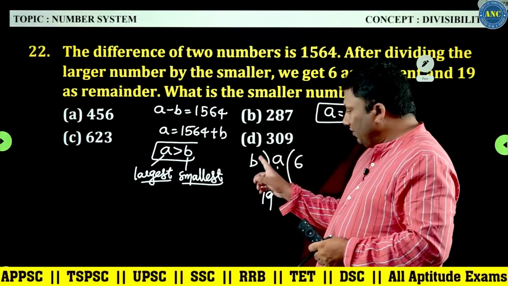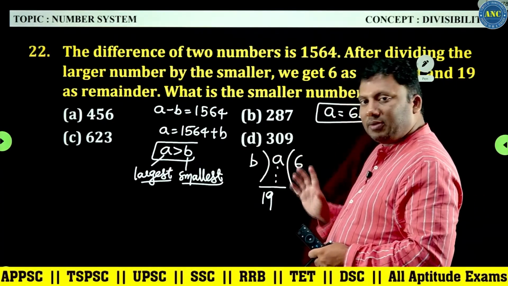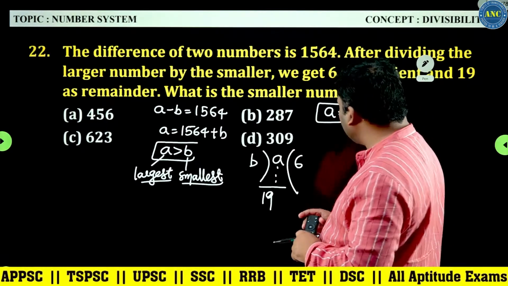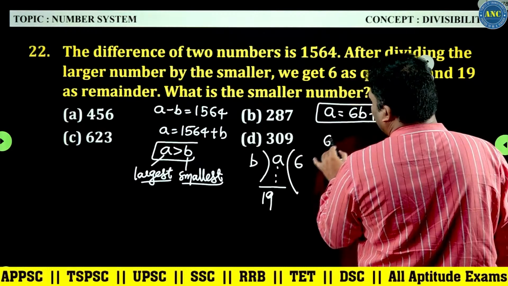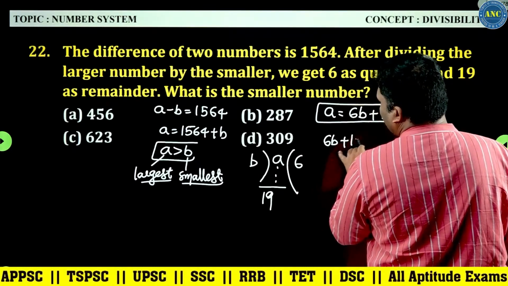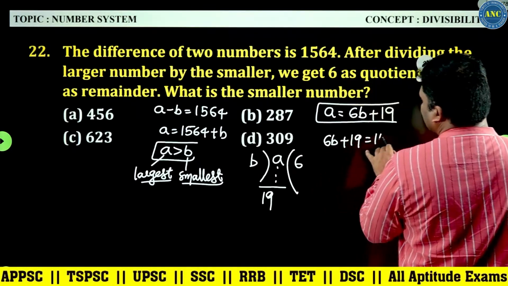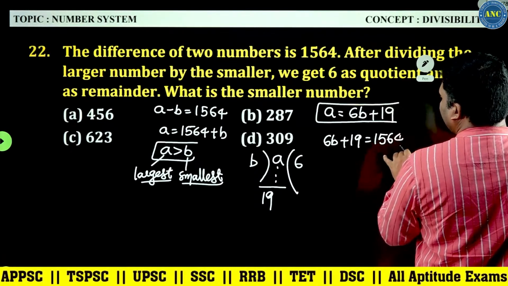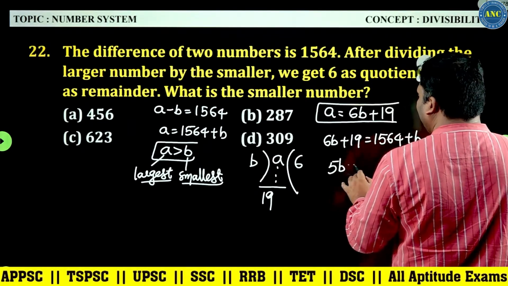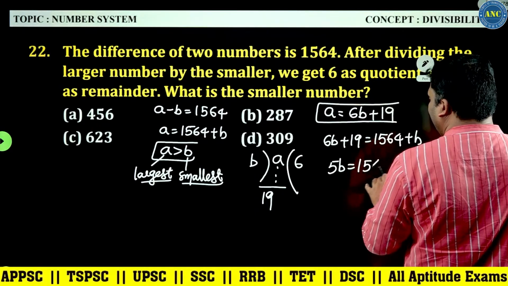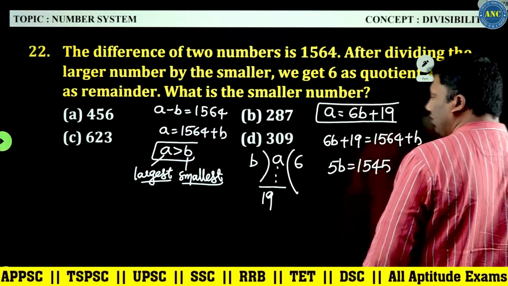Dividend is divisor into quotient plus remainder. So A is 6B plus 19. If I substitute there, 6B plus 19 is equivalent to 1564 plus B. So 5B is equivalent to 1545.